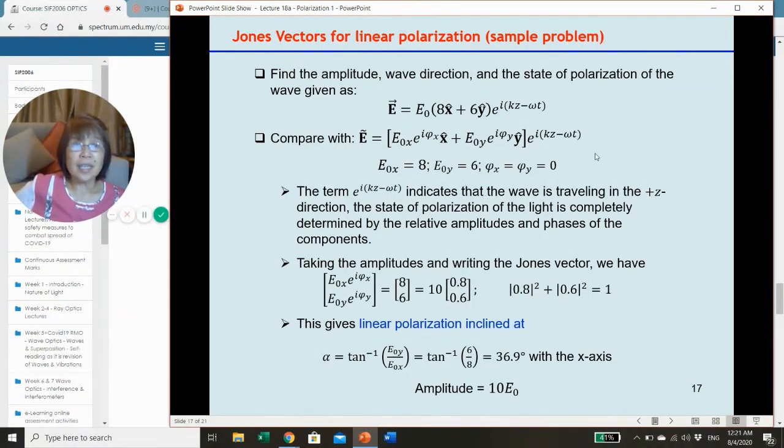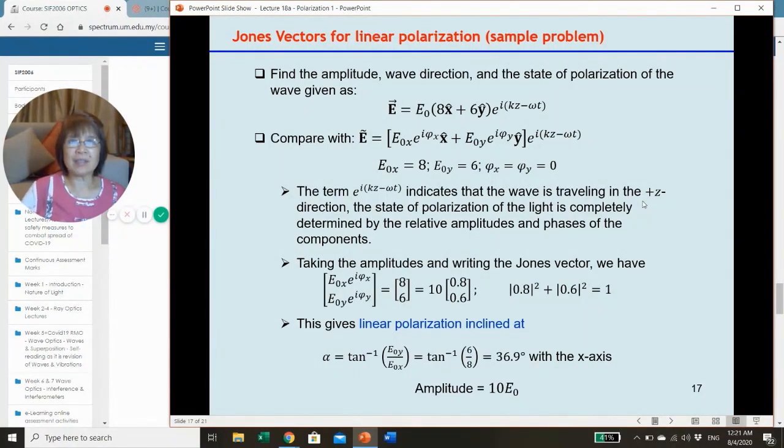So that is the amplitude. And the direction of the wave, well, we look at the time component, it has a z term here, and this is negative, so it's in the positive z direction.